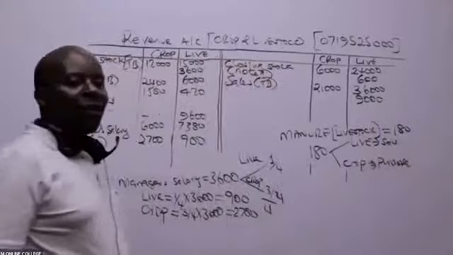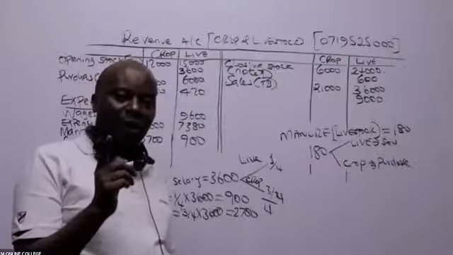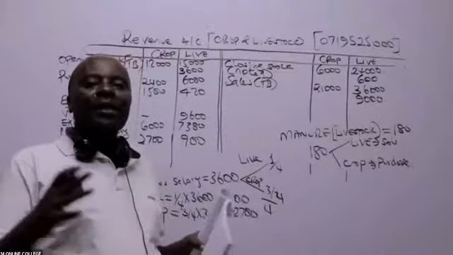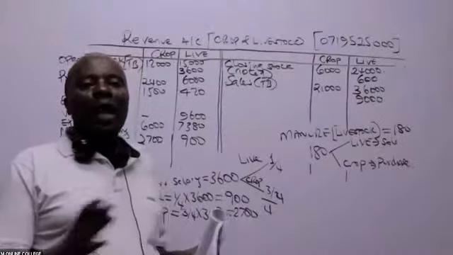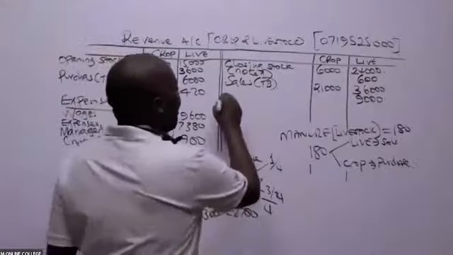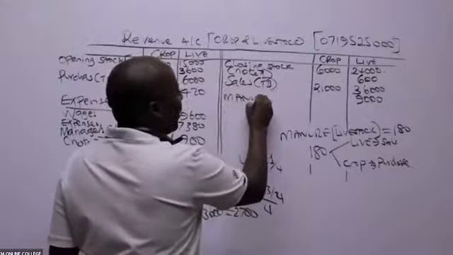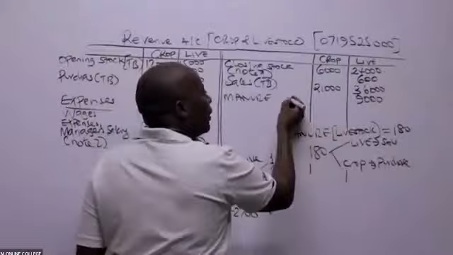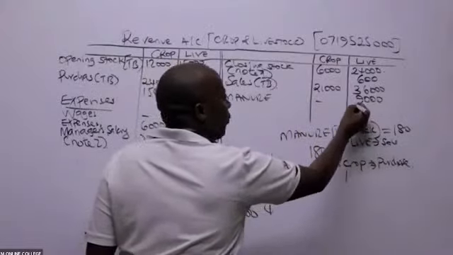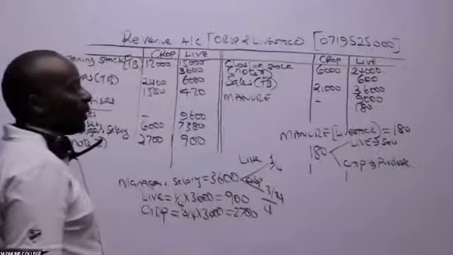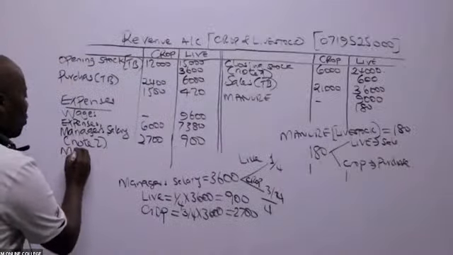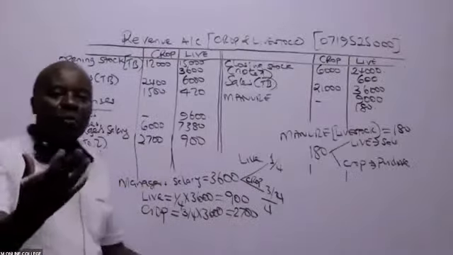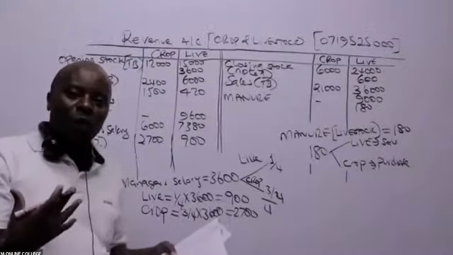Because manure is from livestock, remember what we get out of livestock is considered a sale in the context of livestock. So you come here and write manure. Which department sold it? Livestock, 180. Then on manure here, the crops were able to buy.